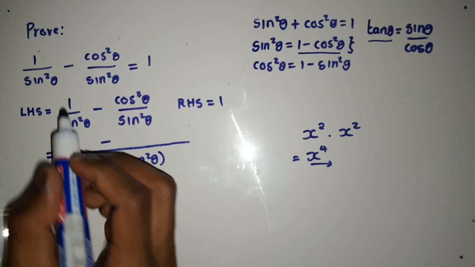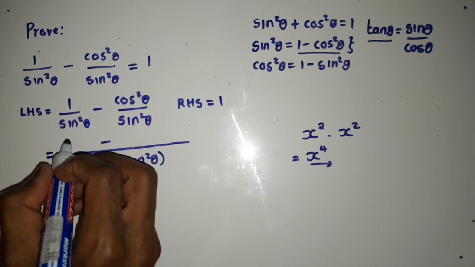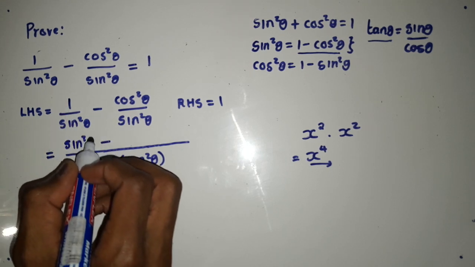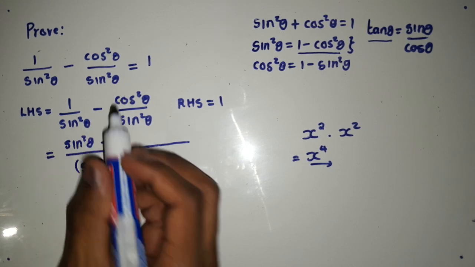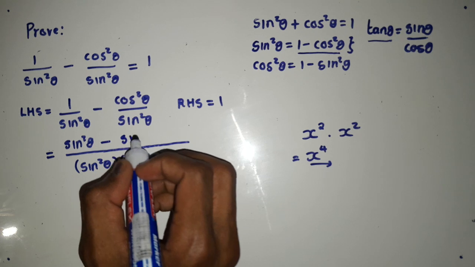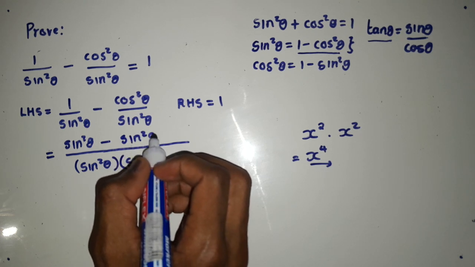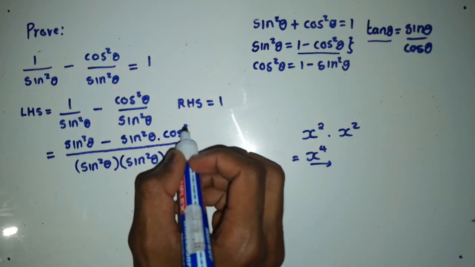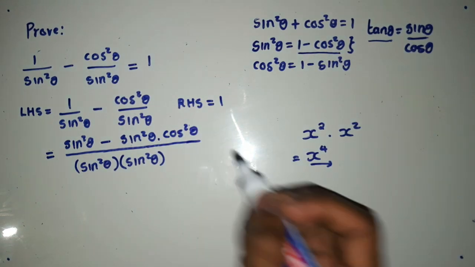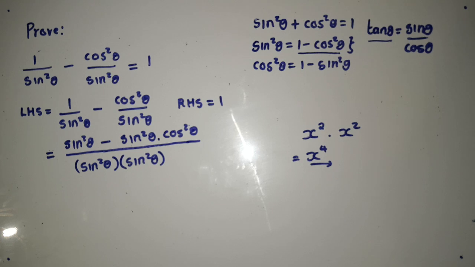Sine multiplied by 1. We get sine squared theta. Then sine multiplied by cos. We're gonna get sine theta, sine squared theta, cos squared theta, like this. Let me ask you this question.